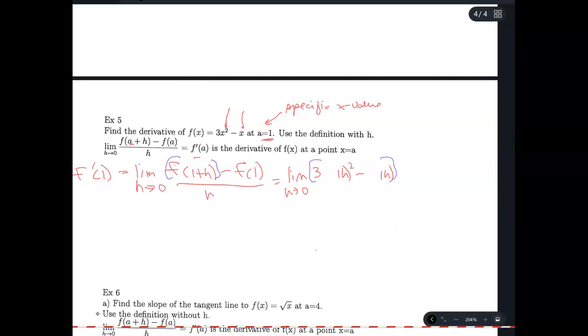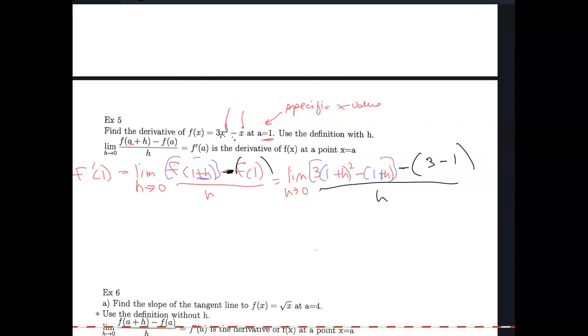Silly me. Okay, so it's f of 1 plus h, 1 plus h, because I'm substituting 1 plus h in. All right, so next I'm going to subtract off f of 1. So putting 1 into here, I'm just going to go slow, so 3 minus 1, and then that's all over h.